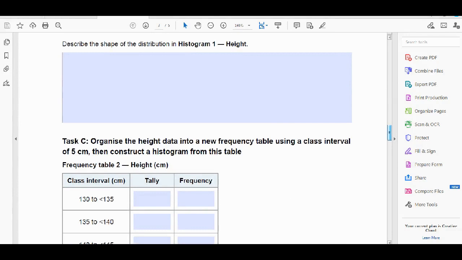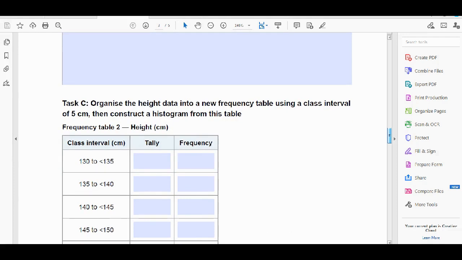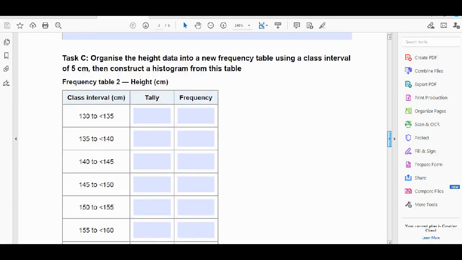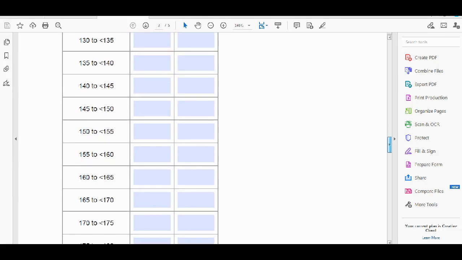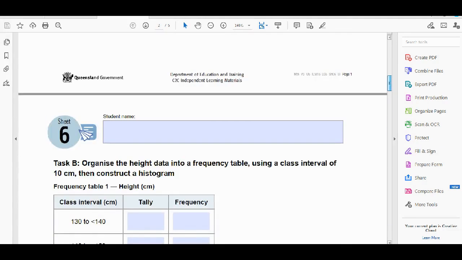What kind of shape and distribution? Of course, that's what we have learned to date. They are also asking you to make another frequency table using a class interval of 5 cm. So it's a very interesting assessment, and I would really like you to do it and hand it to me.